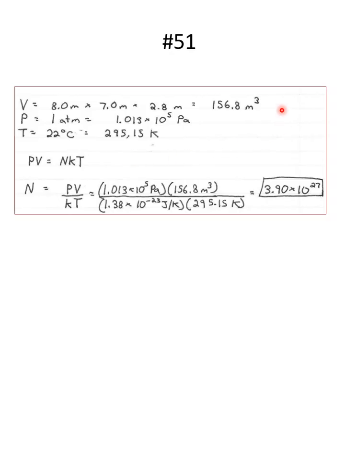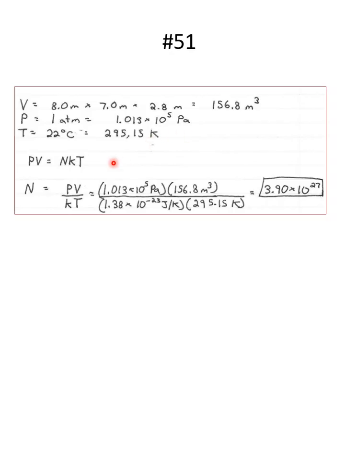We need the volume, so multiply length times width times height of the room. We need the pressure. We need all this in MKS units, so 1 atmosphere is 1.013 times 10 to the 5th pascals. Temperature, we need that in Kelvin, so add 273.15 and we get 295.15 Kelvin.